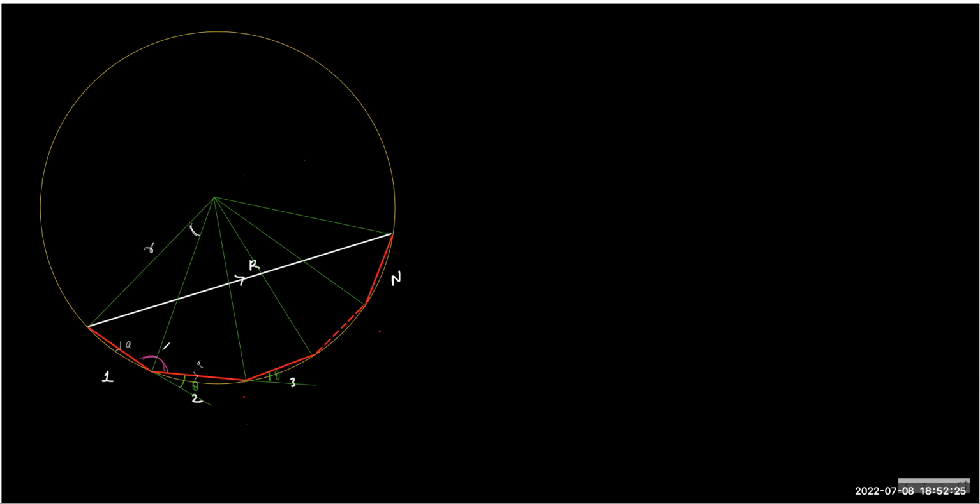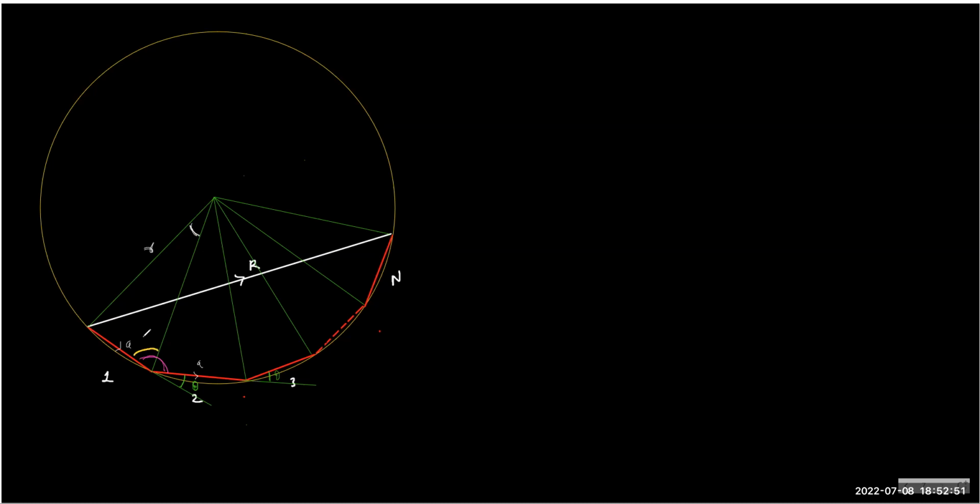And if that is 180 minus theta, then this must be equal, right? It looks symmetrical. If that is 180 minus theta, then what do you expect this angle? Only half. So what is this angle? Let me change the color and show you. What is this angle? Half of that value.